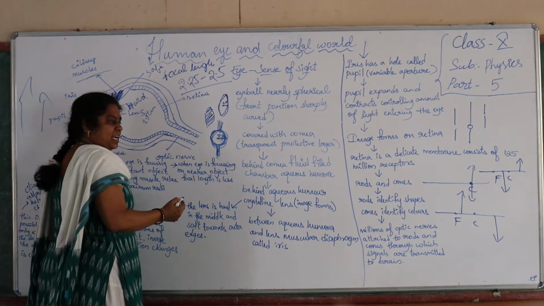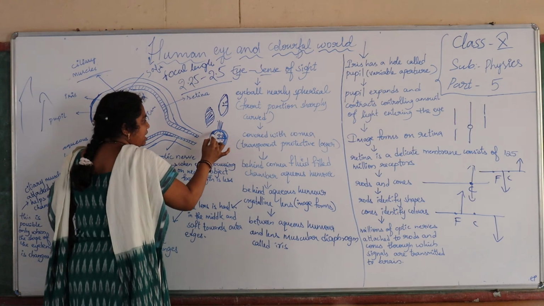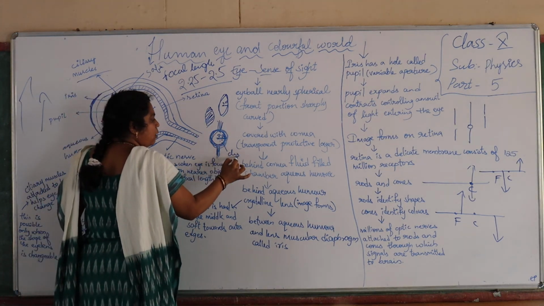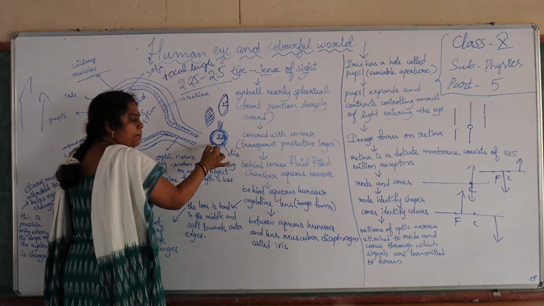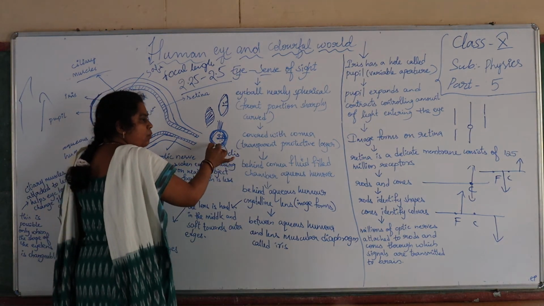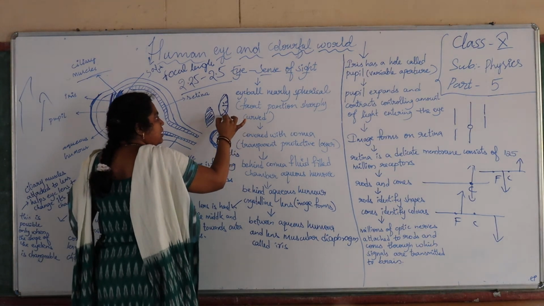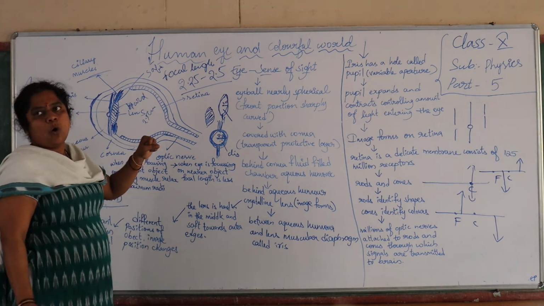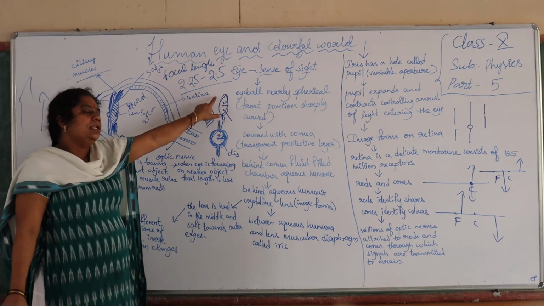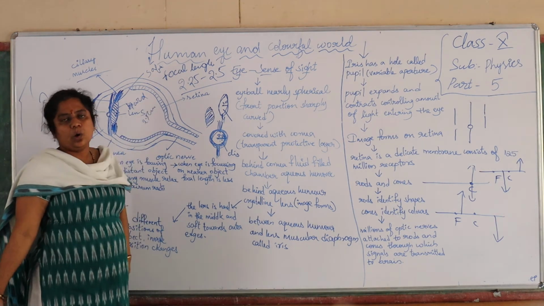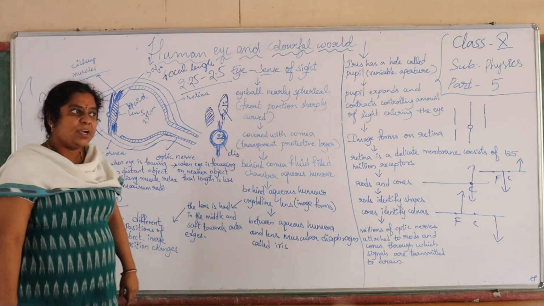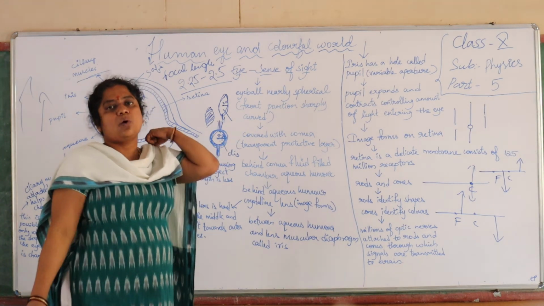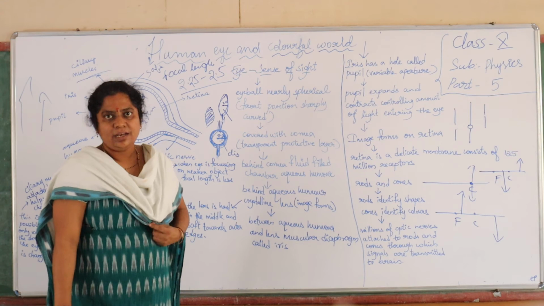And when they relax or contract, the shape of the lens will be spherical. When they want to see a distant object, they will be in a relaxed condition. When they want to see a nearer object, the stretching will be more and the lens shape will be this. That type of adjustment of the lens according to the distance is called accommodation of the lens.